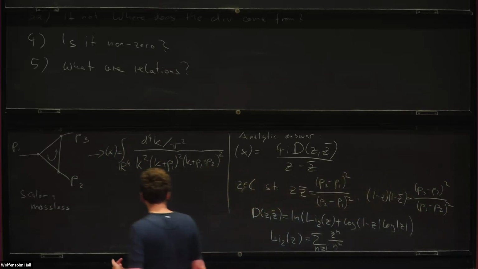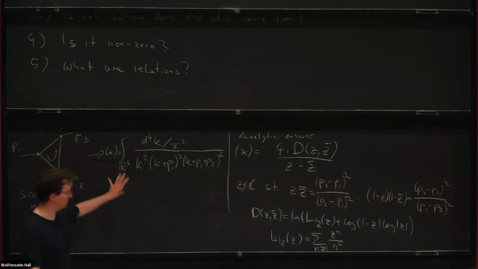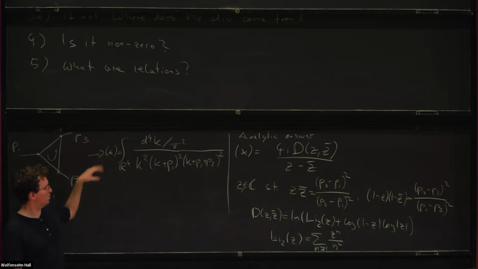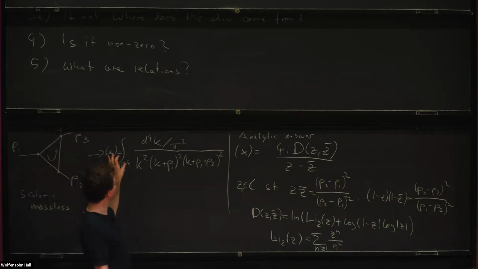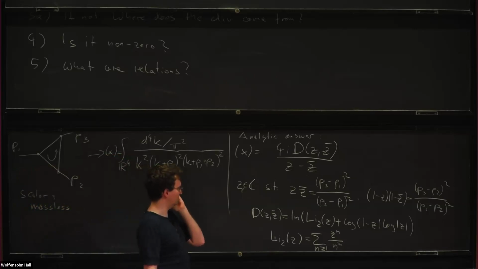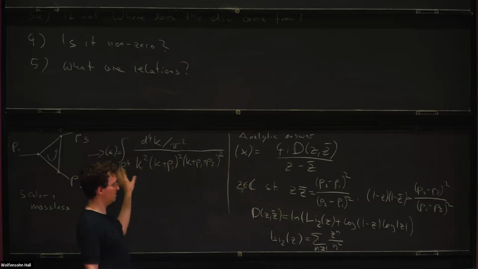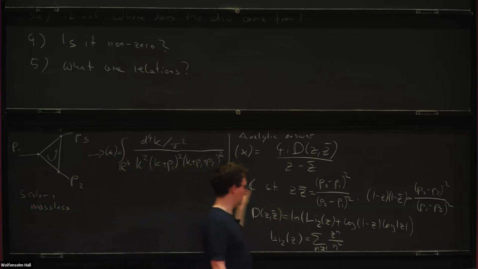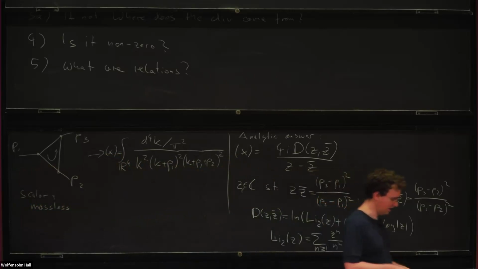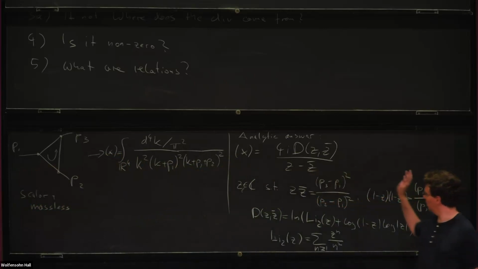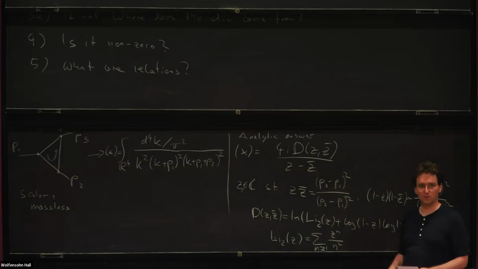But in a way, this is an uphill battle because more and more complicated functions appear the further we go up with the loop order and the complexity of these integrals. So the simplicity of these integrals and their beauty is maybe a bit of an accident. There are more and more complicated functions popping up if we try to write down closed form expressions for them.